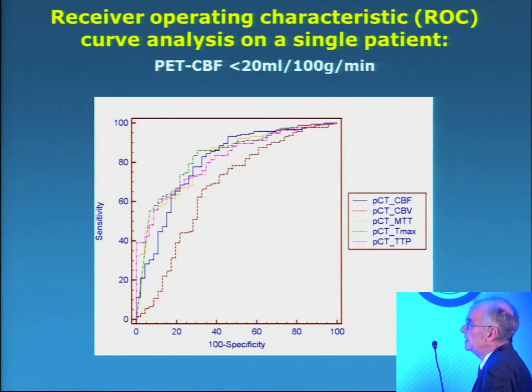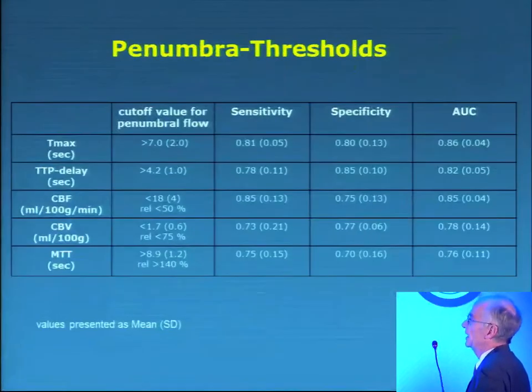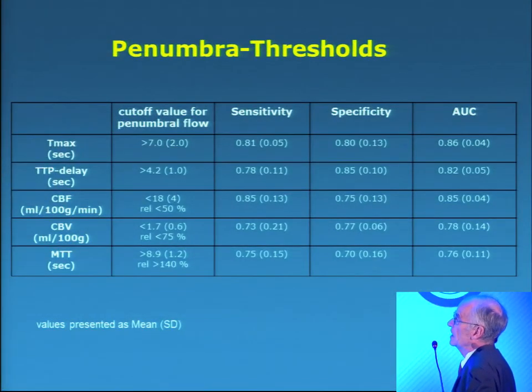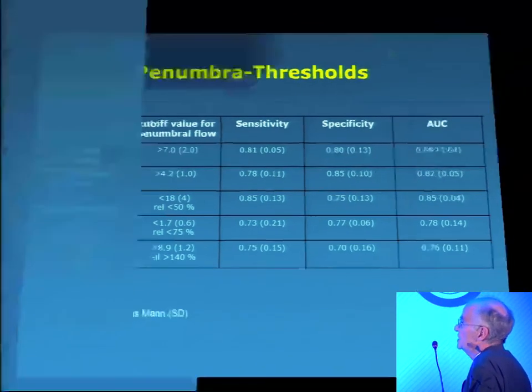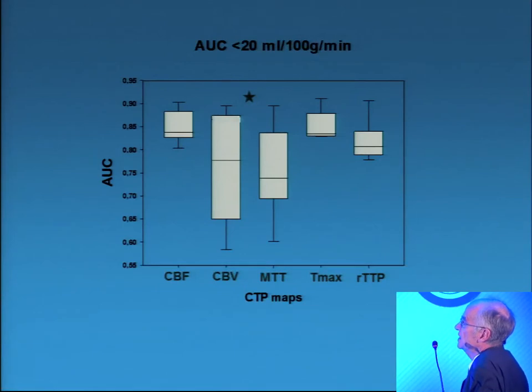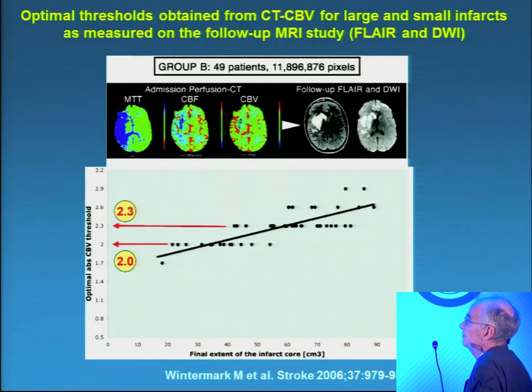It's a good predictor, but it's not absolute, and you can find that some of these areas are quite good. So Tmax is quite good, time to peak is quite good, the others are not as good, as also indicated here. So these give you a quite good correlation between perfusion CT, the estimates of the perfusion, and the PET estimates of the perfusion values.